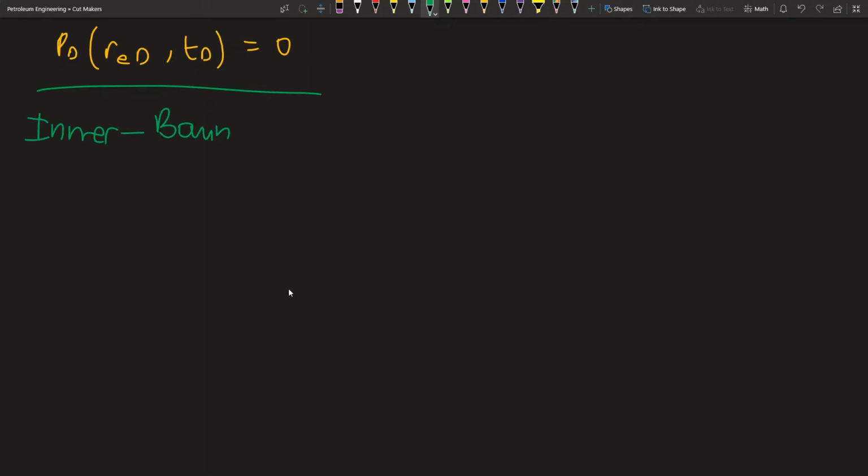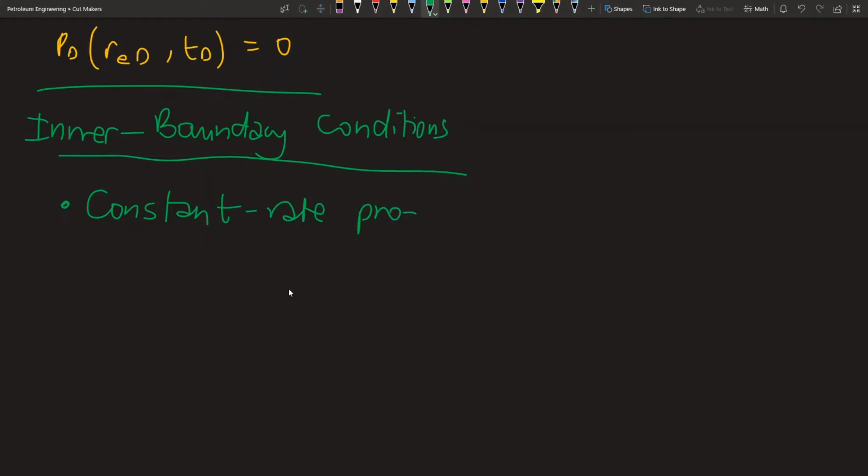So there are a couple of different inner boundary conditions, which I will be listing down just in a moment. So we have constant rate production, and this can come with skin and also with well-bore storage, and also both and also none.